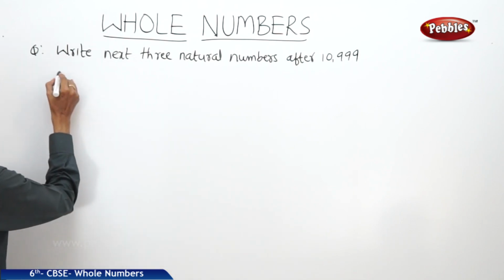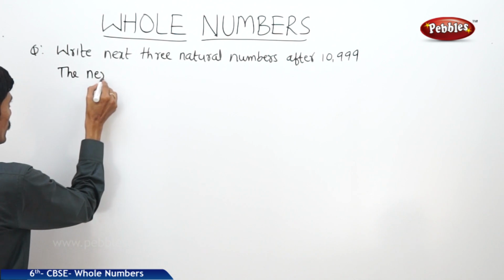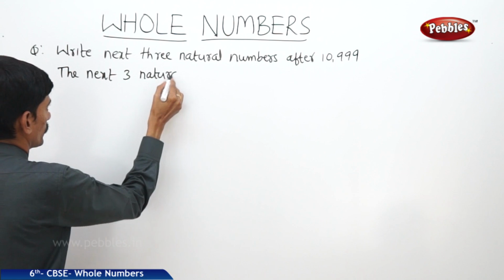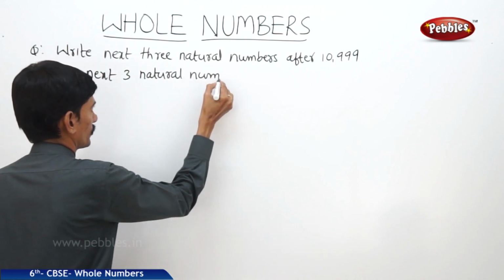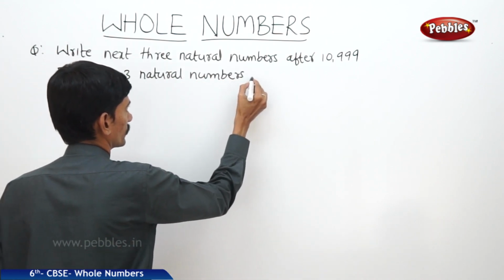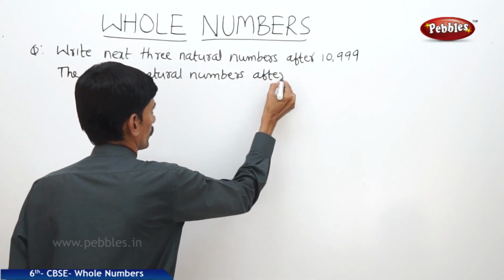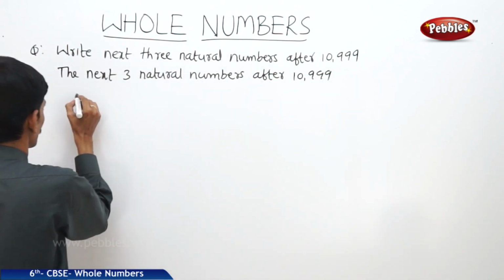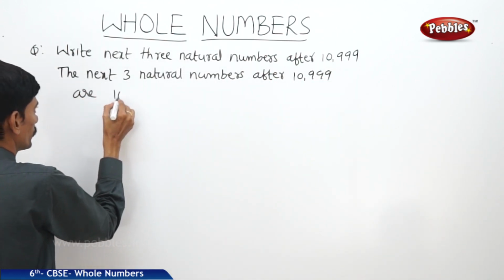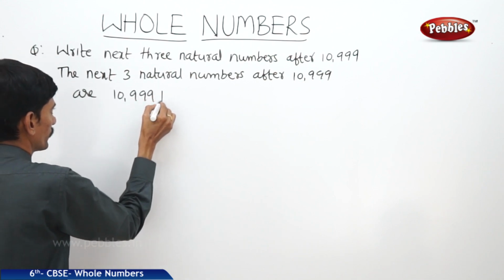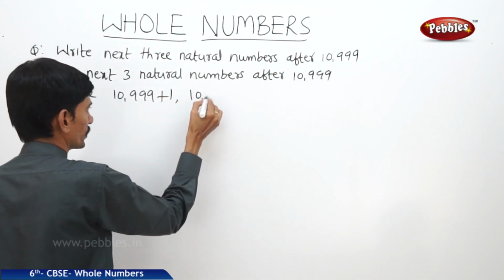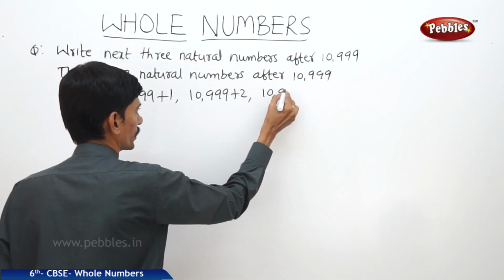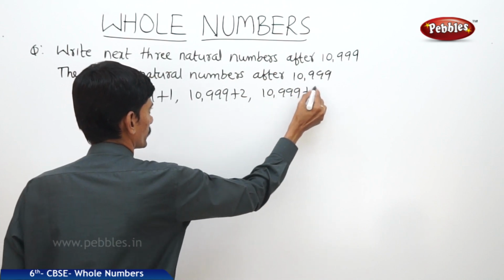So the next 3 natural numbers after 10,999 are 10,999 plus 1, 10,999 plus 2 and 10,999 plus 3.